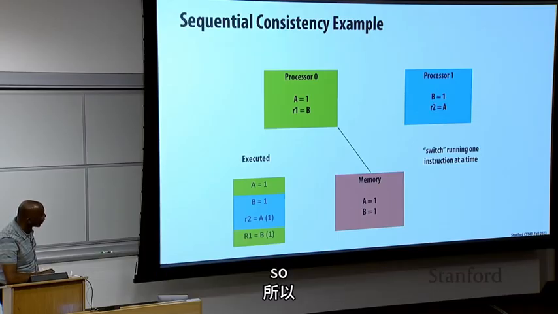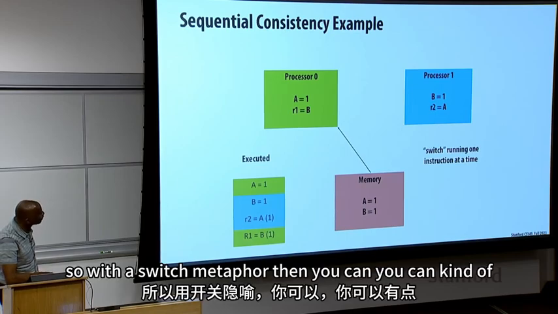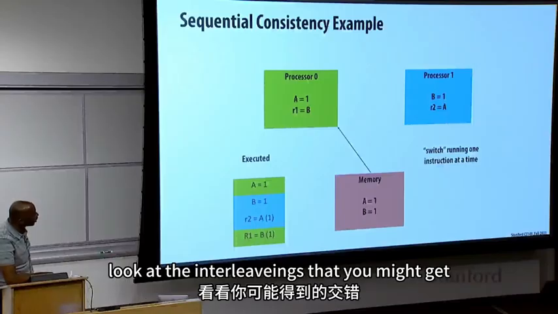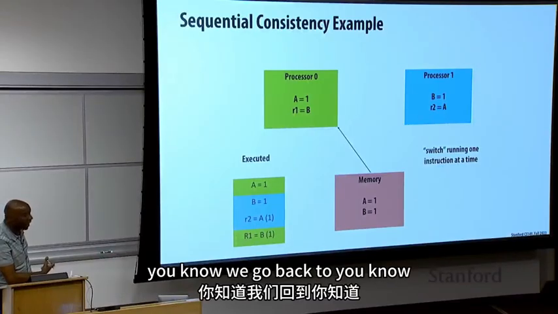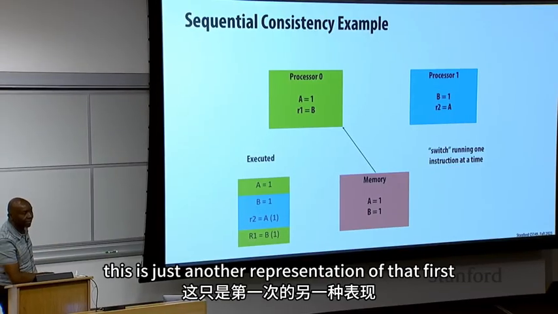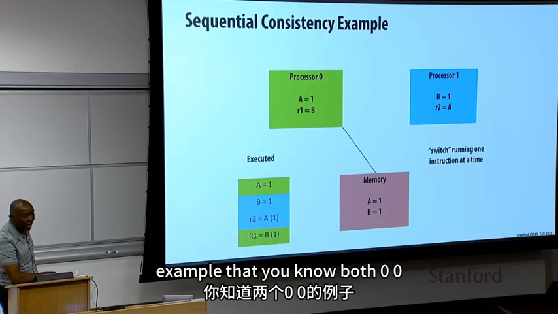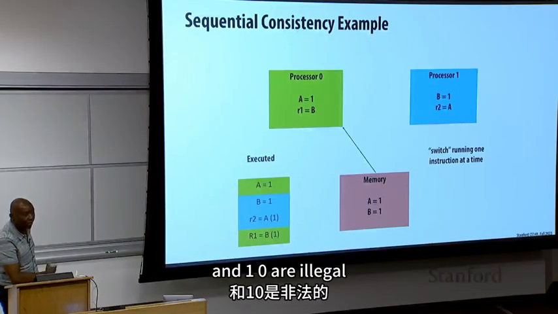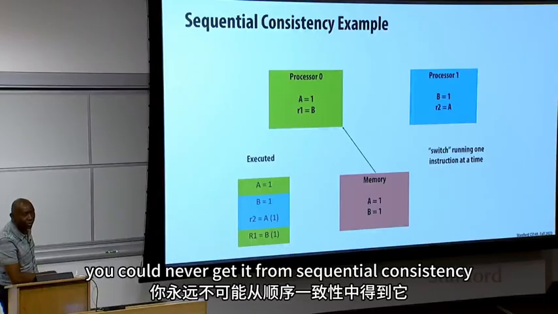With the switch metaphor, you can look at the interleavings that you might get, and you would see, this is just another representation of that first example, that both 0, 0 and 1, 0 are illegal. You can never get it from sequential consistency.